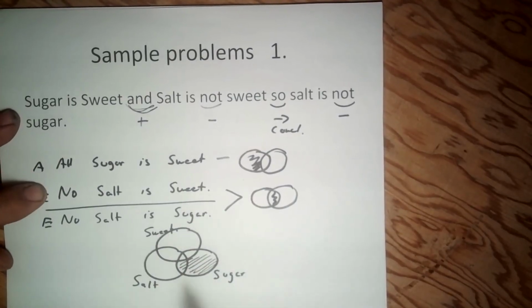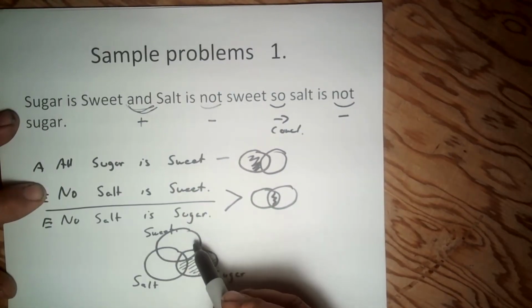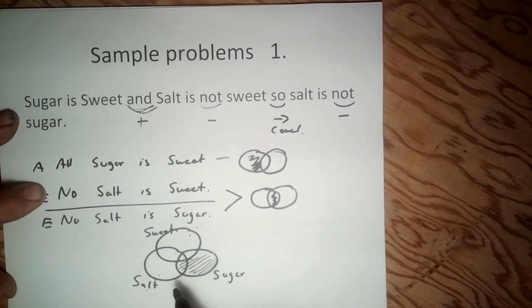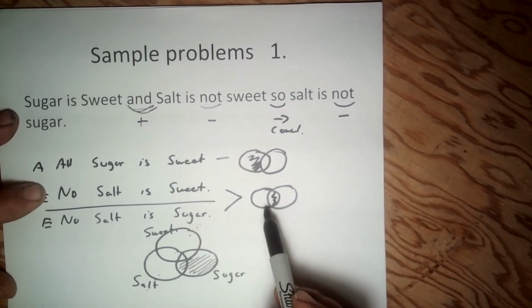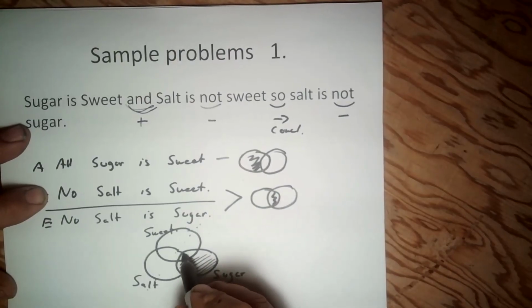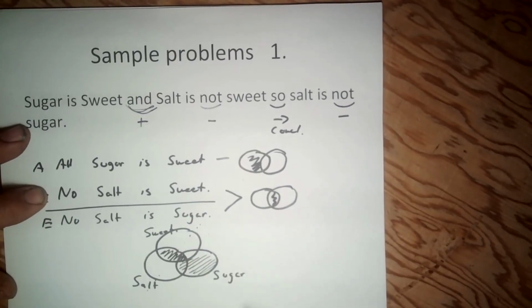No salt is sweet. That would be these two circles now, kind of on this axis, right? So these two circles should look like this one. So no salt is sweet, empty that.